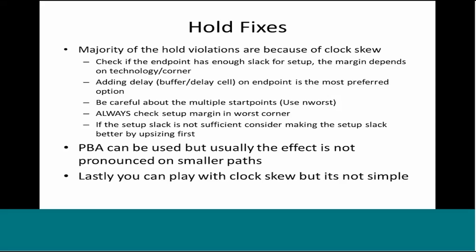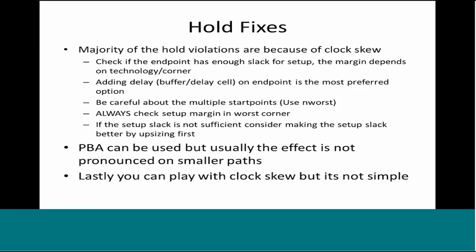So now in slow corner, I should be very careful and see if the path has at least 45 ps of margin. Otherwise, if I add the 15 ps, and if the worst case corner margin, let's say, is 20 ps, and if I wrongly assume that 15 ps is going to stay 15 ps in worst case corner, it will not work. It will start violating setup.